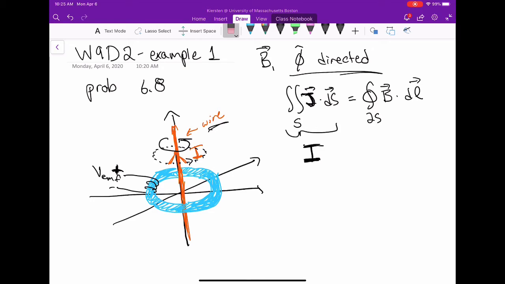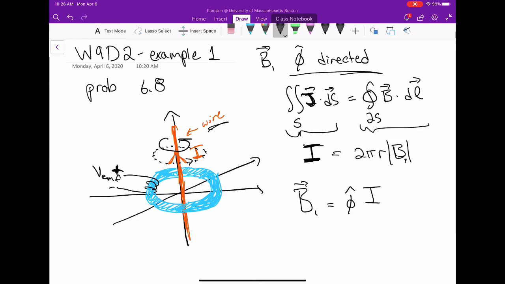Which means that this contour integral on this side works out to 2 pi r magnitude of B, whatever B is, B1, let's say. So our magnetic flux density equals phi hat mu I, oh, and there's supposed to be a mu here, divided by 2 pi r.